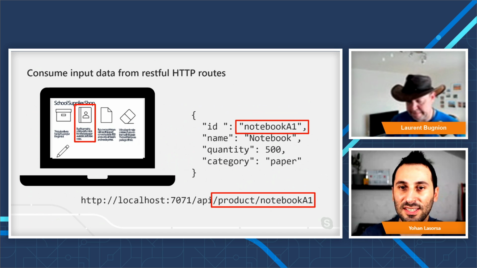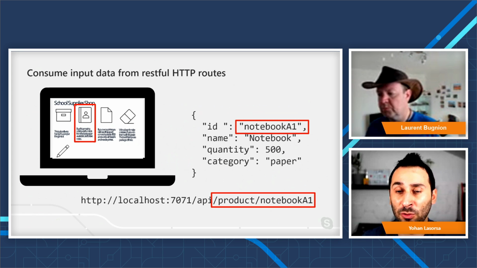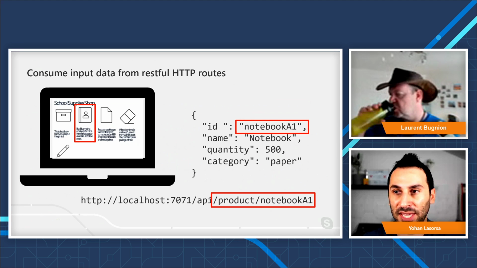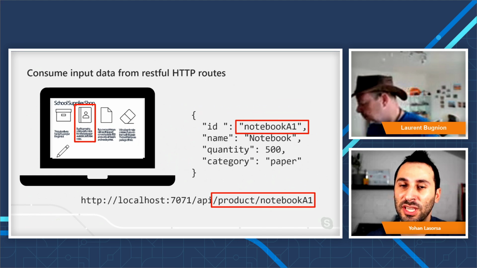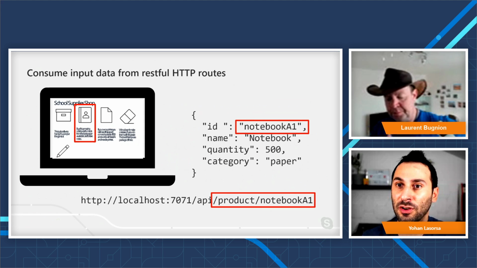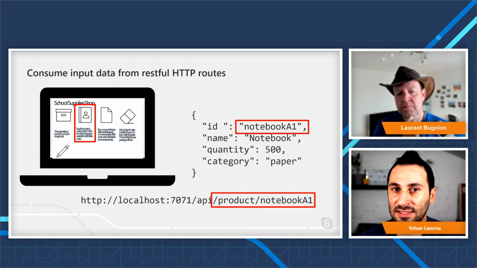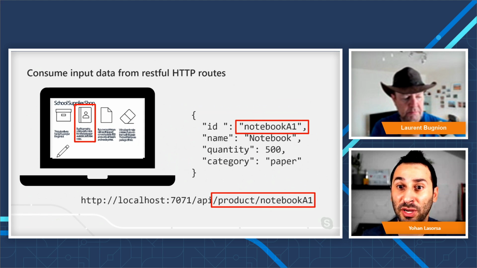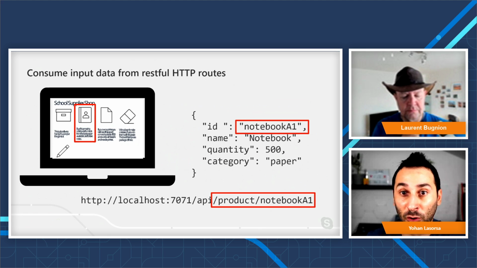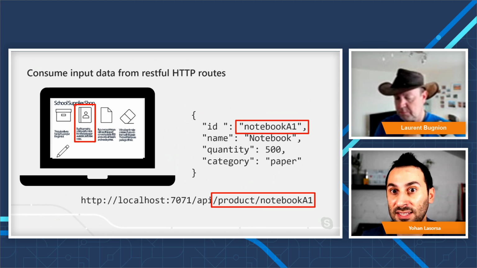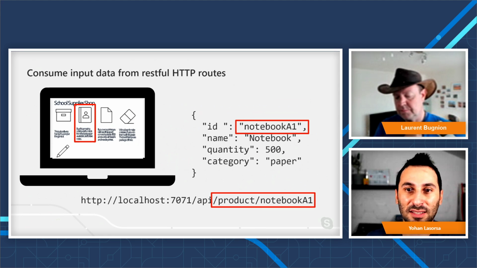Okay, so this is what we will be building when we are talking about REST APIs. We're mostly talking about how we organize the routes of our API. In that case, we can get information about a particular product which has the ID notebook A1. You can see that the ID is at the end of the URL, and the first part of the URL is called product.